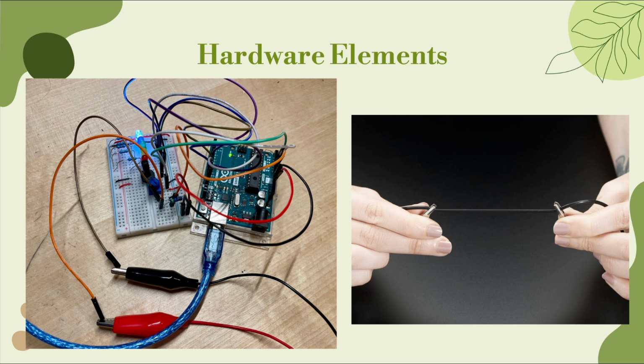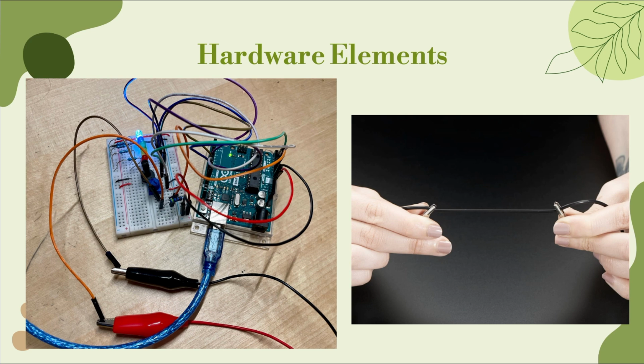As this elastic sensor stretches, its resistance increases. So if it's strapped around a person's chest, when they breathe in, it'll stretch and the resistance increases, and when they exhale, it'll shrink and the resistance will decrease. And we can use these values to then measure breathing rate.